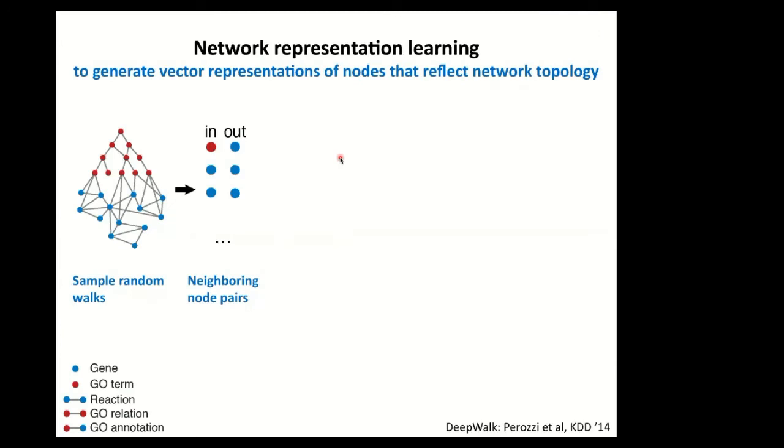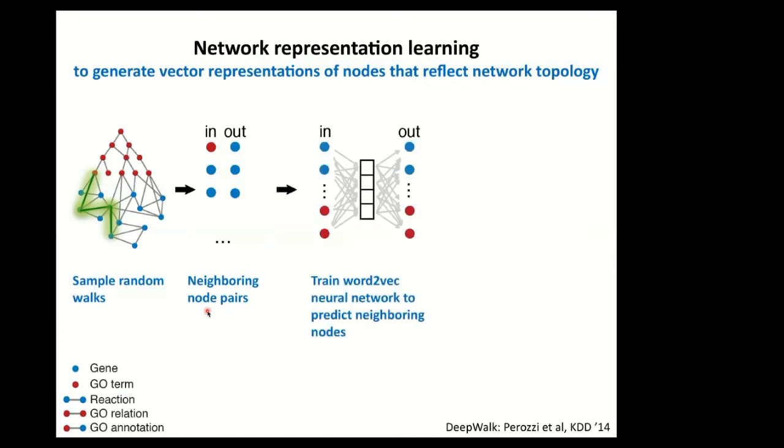representation learning algorithm. Once we have the network, we can sample random walks to get a large set of training data, basically for a neural net, consisting of a large set of neighboring node pairs. The frequency of these neighboring node pairs occurring really reflects the network topology.